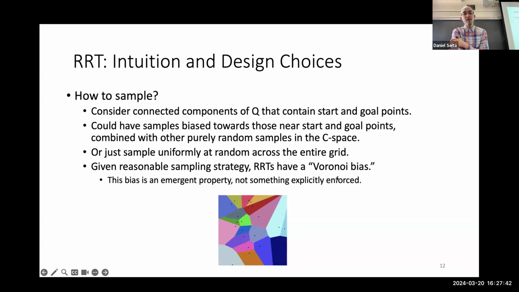So, are people familiar with the Voronoi diagram? It's a type of emergent property that emerges from the RRT algorithm. The way to think about this is that you have a bunch of points and you color the regions so that for all the points in a colored region, the closest point is the one that defines that Voronoi region.